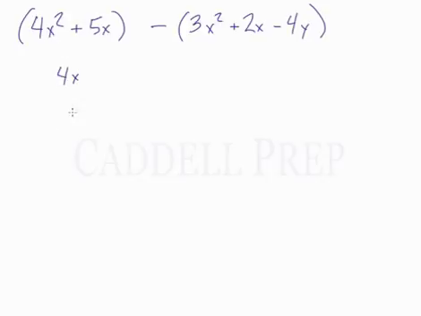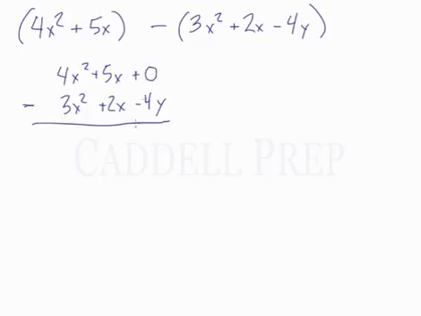So let's do this vertically first. 4x squared plus 5x minus 3x squared plus 2x minus 4y. In this case, there's nothing above the 4y, so we should probably just put a 0 there as a placeholder.